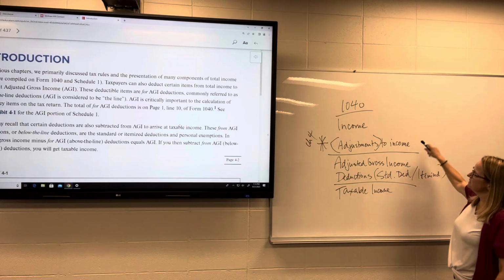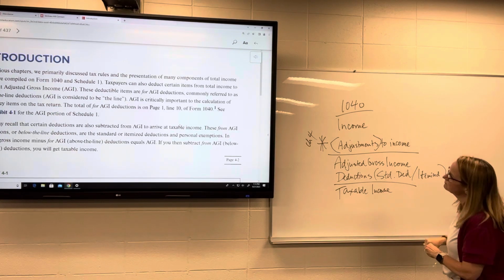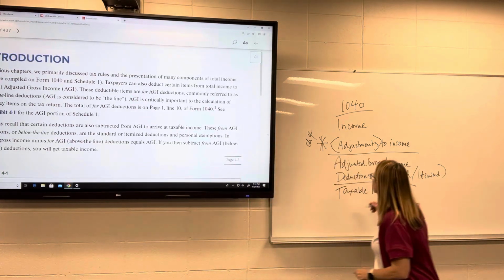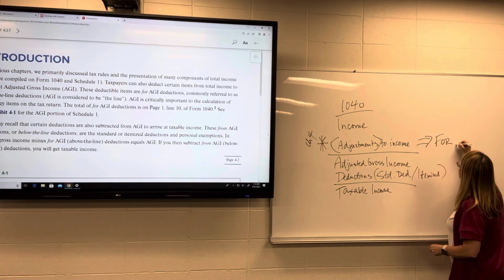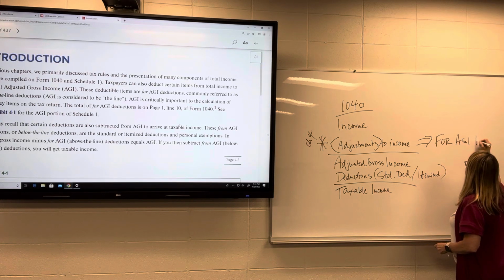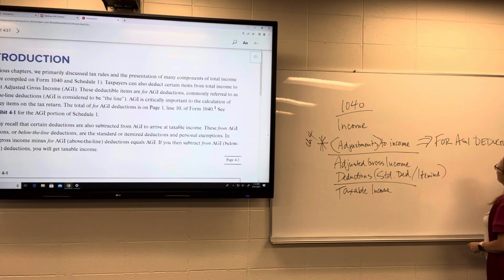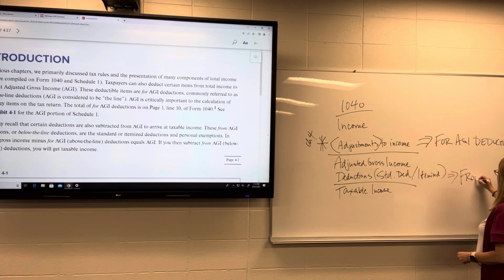Your book calls these adjustments, deductions for, how do they phrase it here? For AGI deductions. These are the for AGI deductions. These are the from AGI deductions.